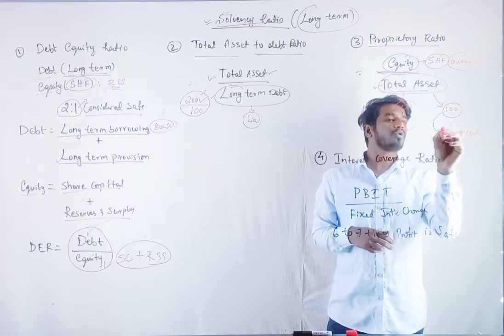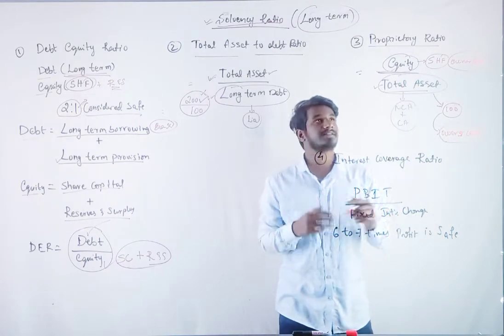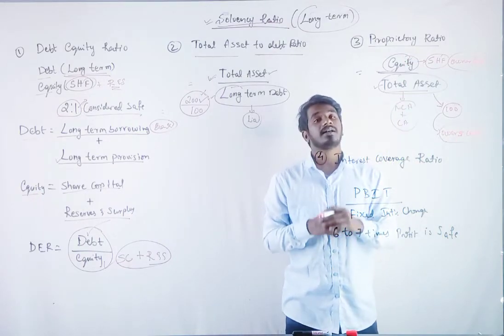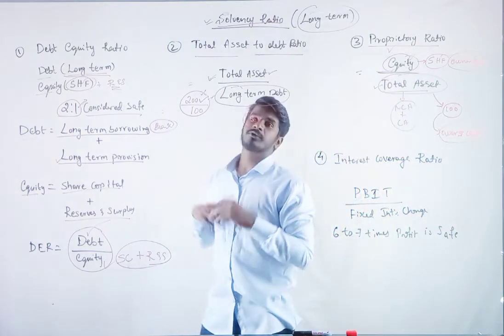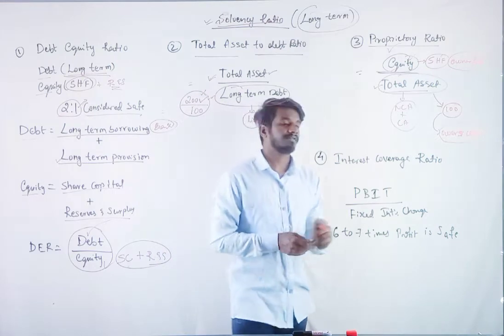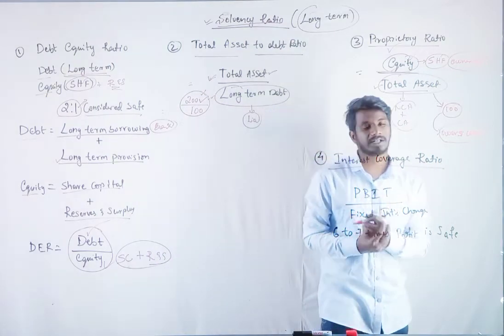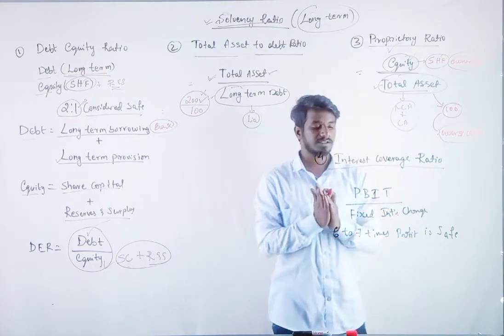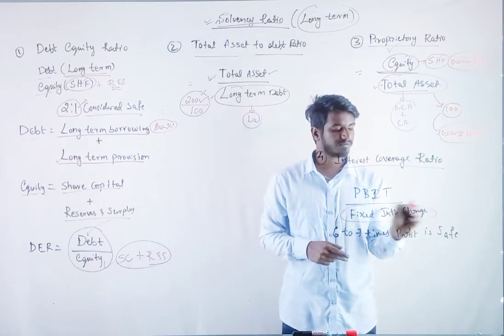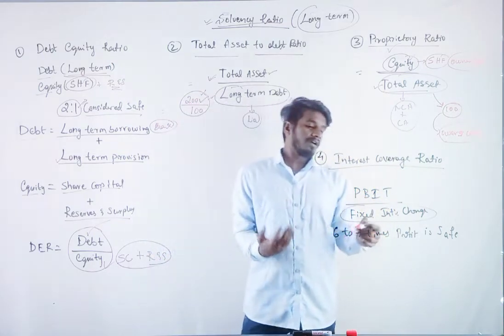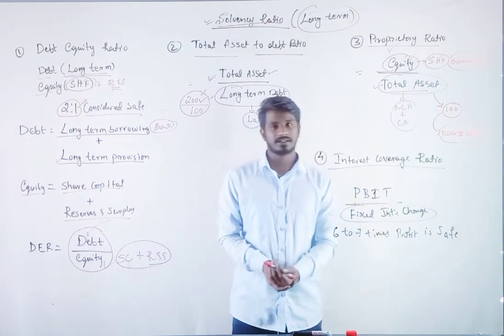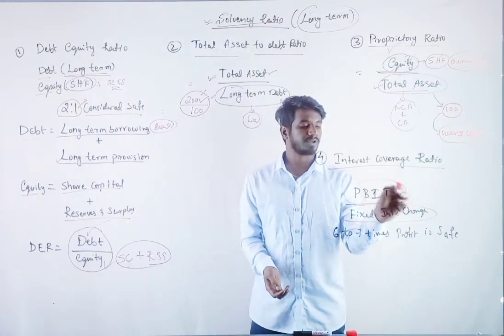How much owner's contribution is there? That we will compare in the proprietary ratio. Then we have the interest coverage ratio. The name suggests that if we take any loans or borrowings, we should pay the interest out of profit.